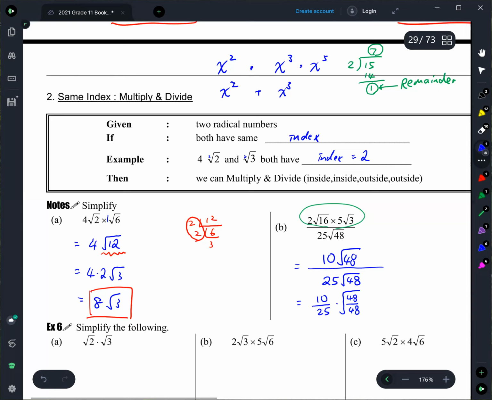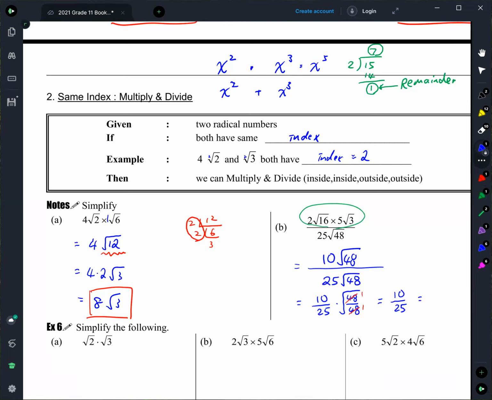So of course, 48 and 48 divide each other, that becomes just a 1, right? They are the same. And square root of 1 is just 1, right? So nothing to do there. So 1 will become invisible. And we reduce 10 over 25 by dividing by 5, so that will be 2 over 5.